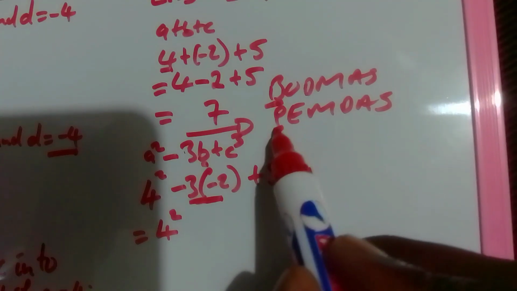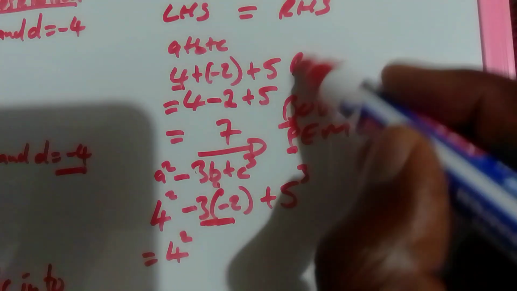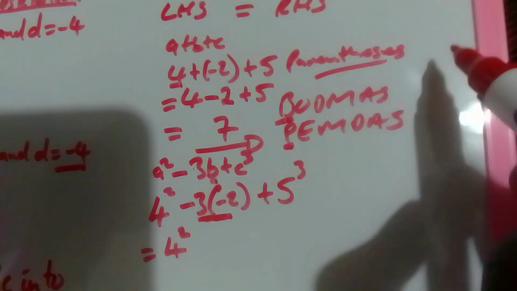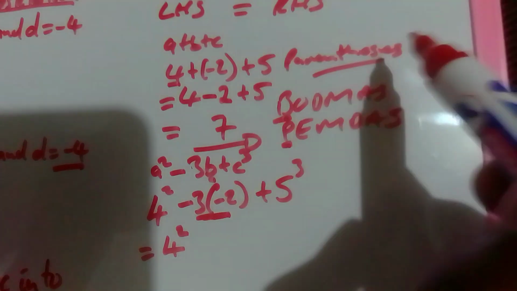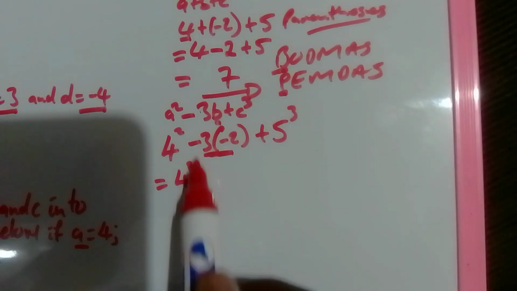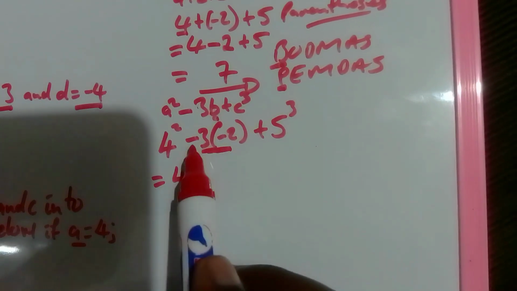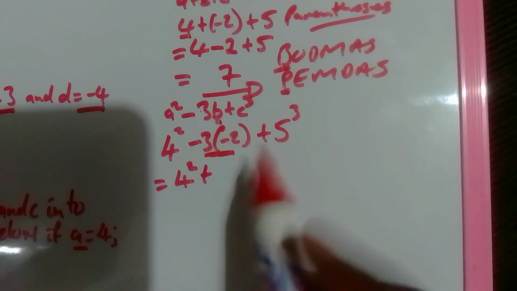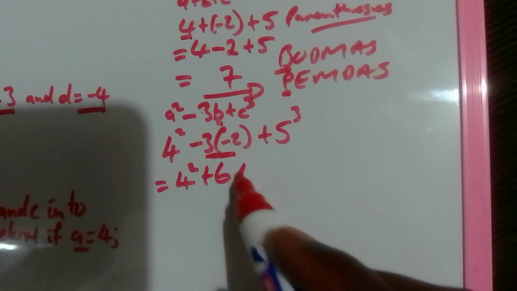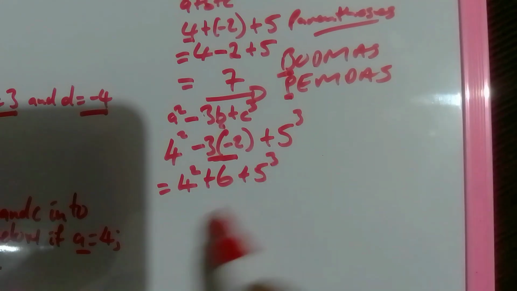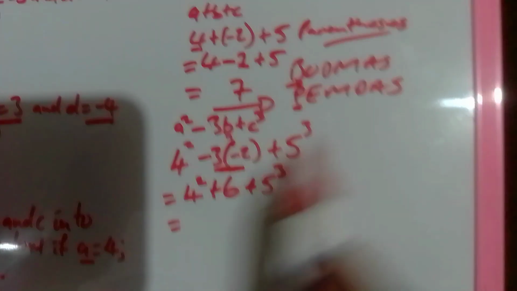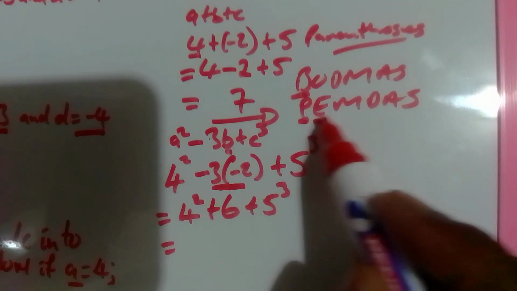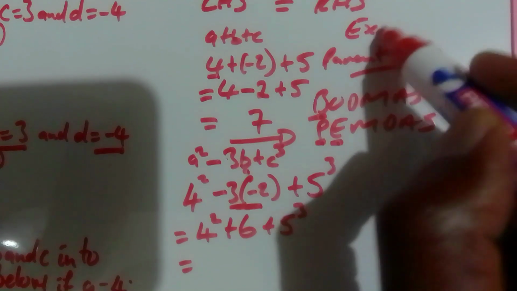PEMDAS tells me I must start with the parentheses. Parentheses are simply the brackets. So here I now say negative times negative, which gives me a positive, and 3 multiplied by 2 is equal to 6, plus 5 to the power 3. Now if I'm on PEMDAS, what does the E stand for? The E stands for exponents.